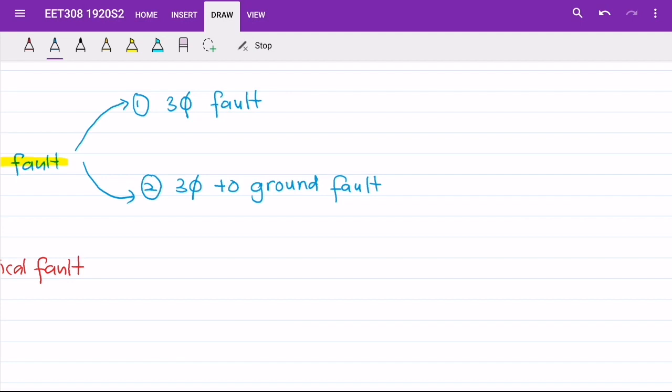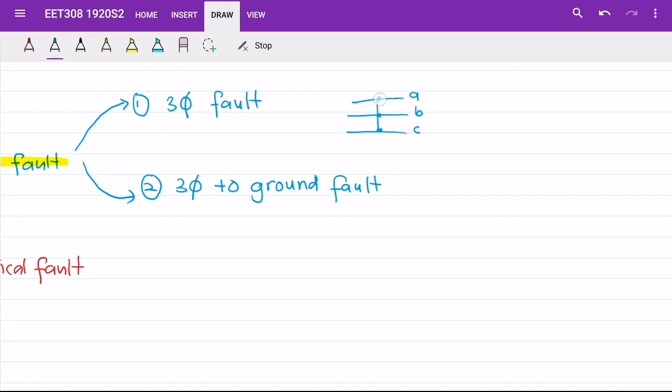What are three-phase faults and three-phase to ground faults? How to draw the connection for both faults? For three-phase faults, let's say we have three different lines named phase A, phase B, and phase C, and all these lines are connected together.